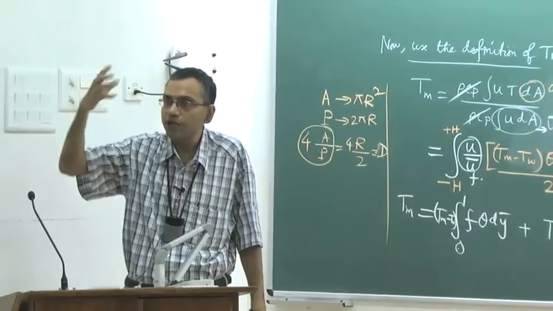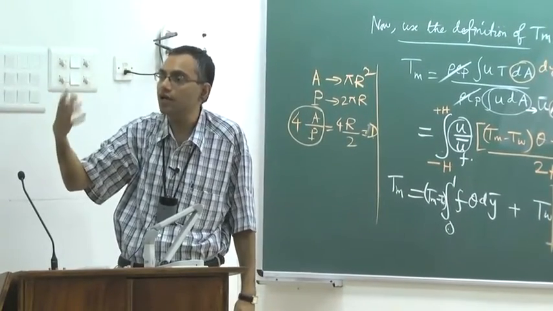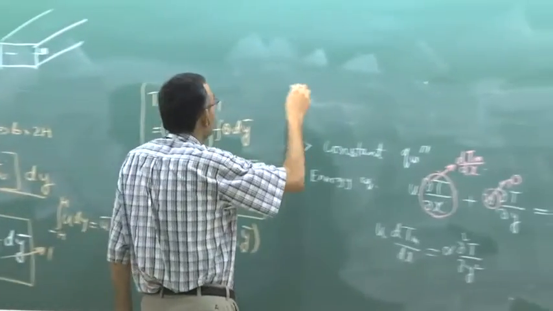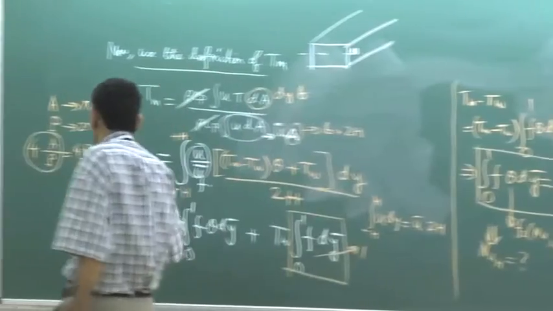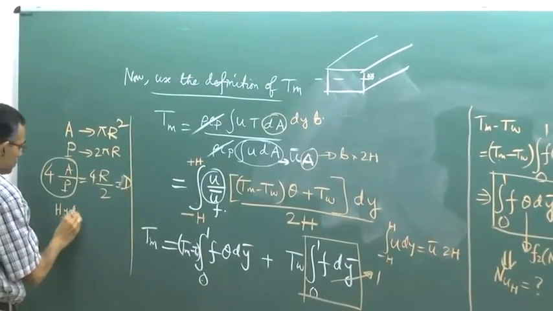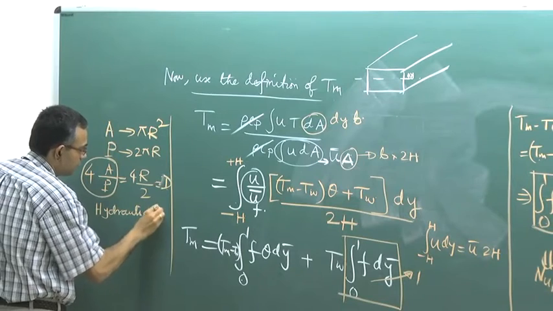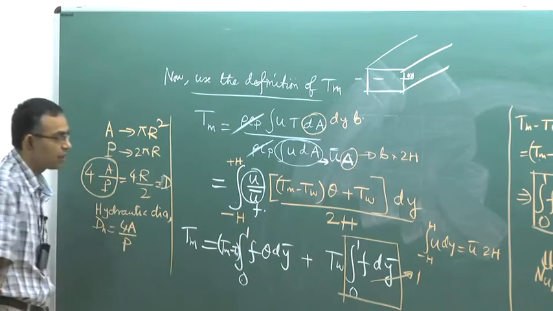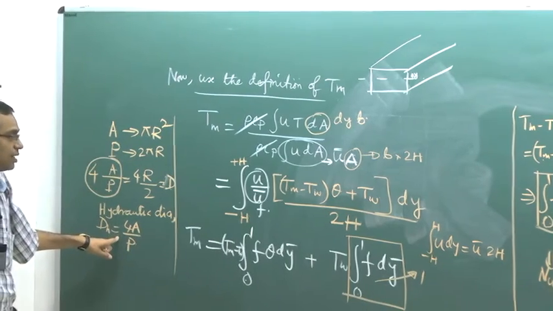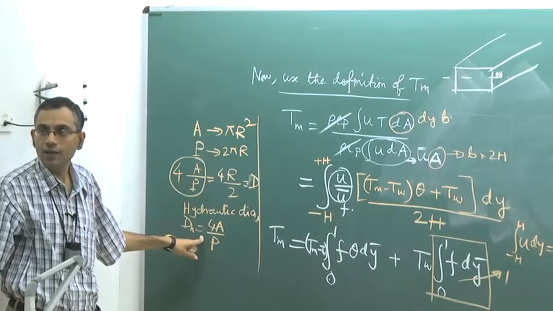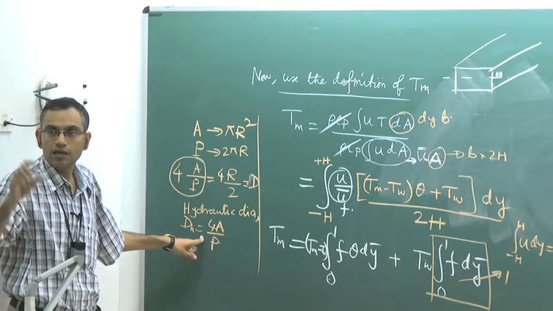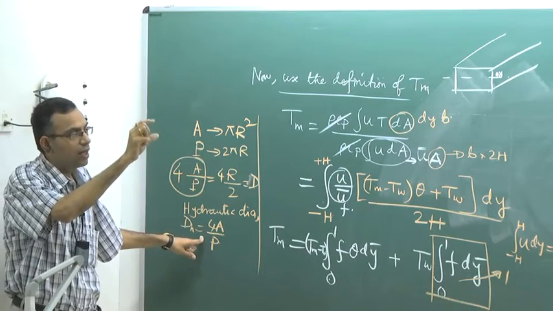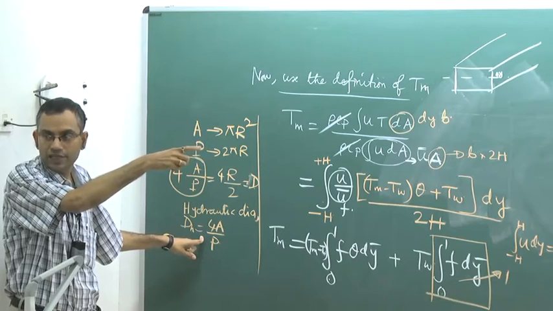For a non-circular geometry, that is some effective diameter which is called the hydraulic diameter. So hydraulic diameter is 4 into area by perimeter. What will be the hydraulic diameter for a parallel plate channel? The half height is h. Area by perimeter we have already calculated, that was h.